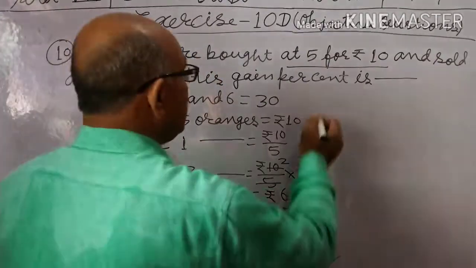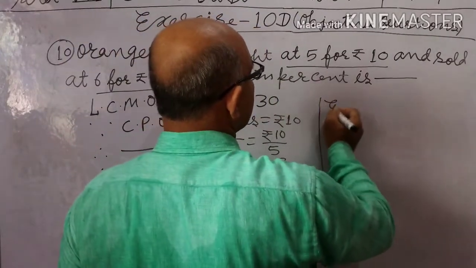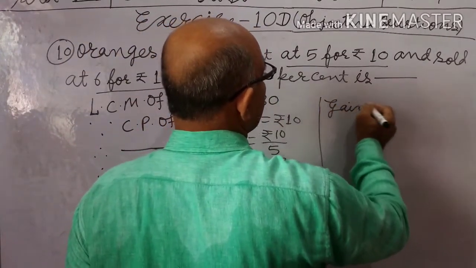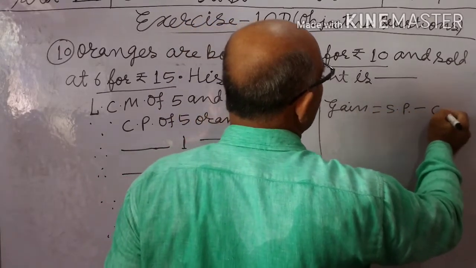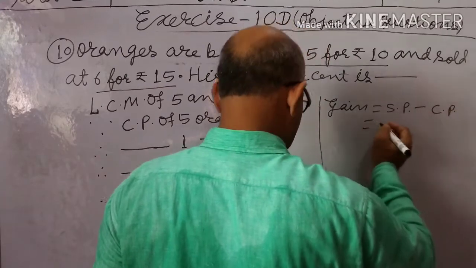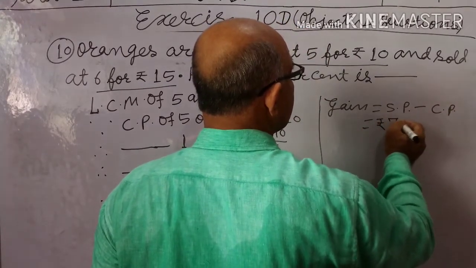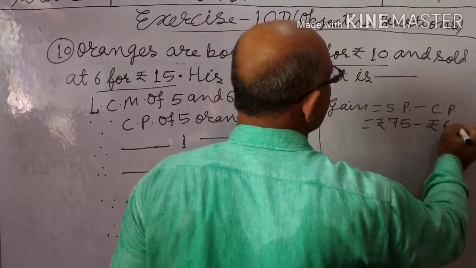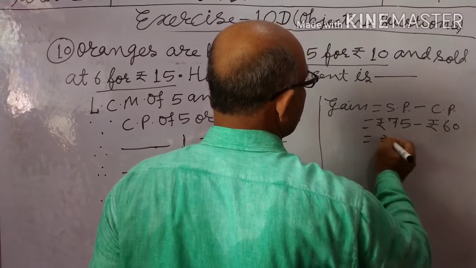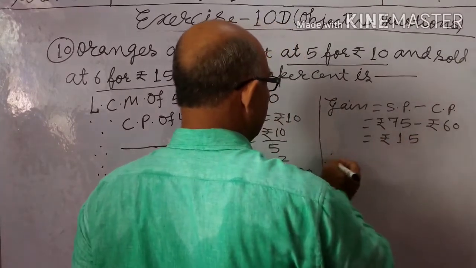CP less than SP, so gain equal to SP minus CP equal to rupees 75 minus rupees 60 equal to rupees 15.